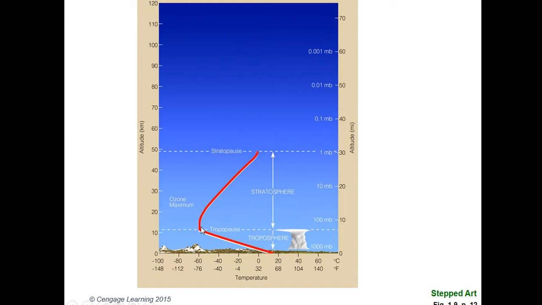So you can climb in height for a little bit and the temperature doesn't change very much. And it is at this point the temperature begins to rise, and it is in this region that we refer to as the stratosphere, strato meaning layer.